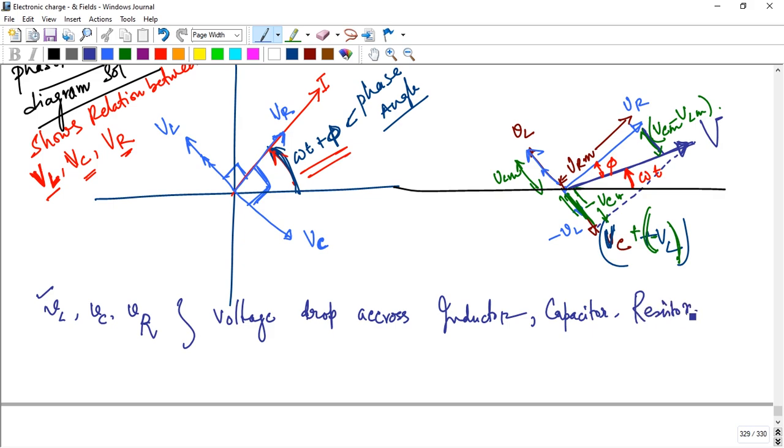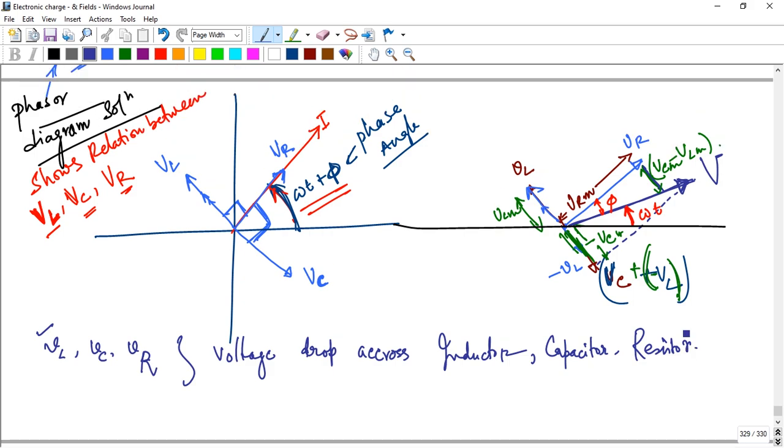Now please recall the first circuit. The first circuit is an AC voltage applied on a resistor, so there is no phase difference; V and I are in the same phase. But in the case of an inductor, when AC voltage is applied, there is a phase difference.